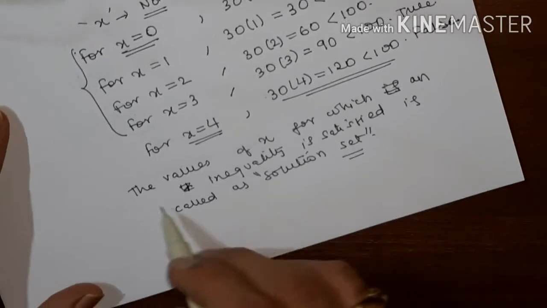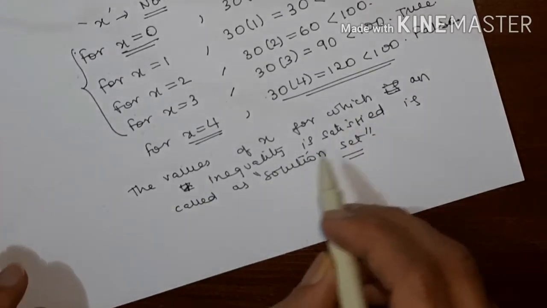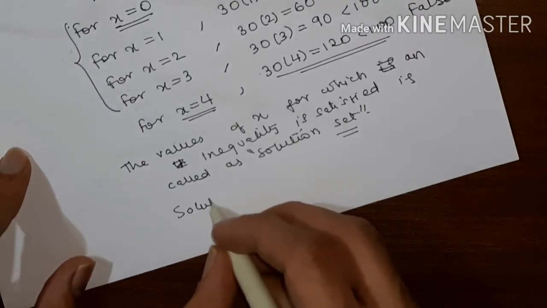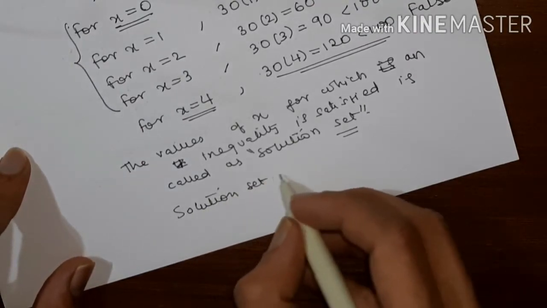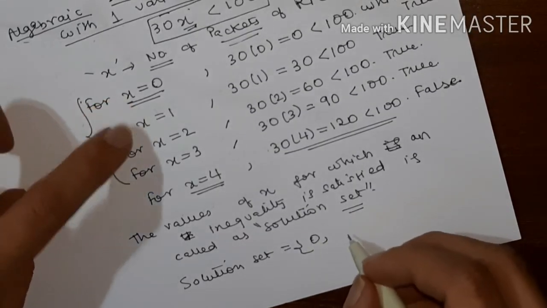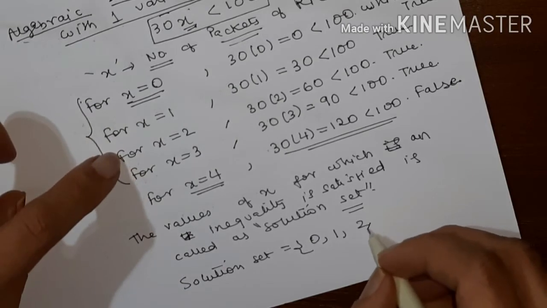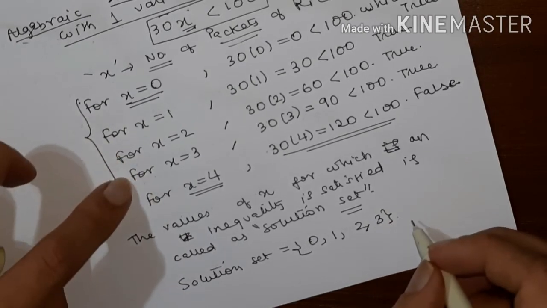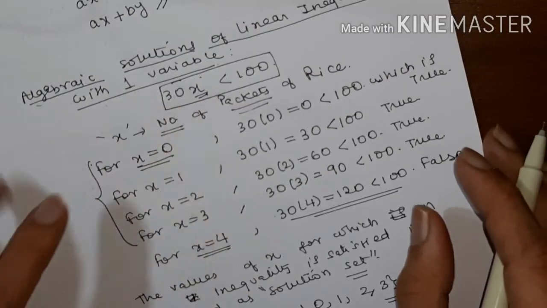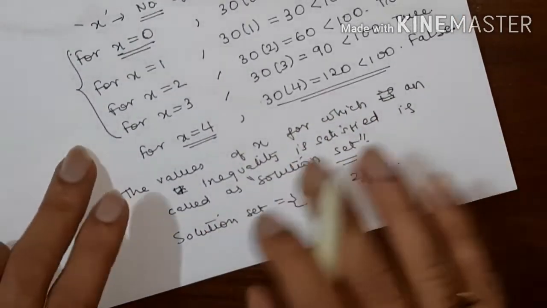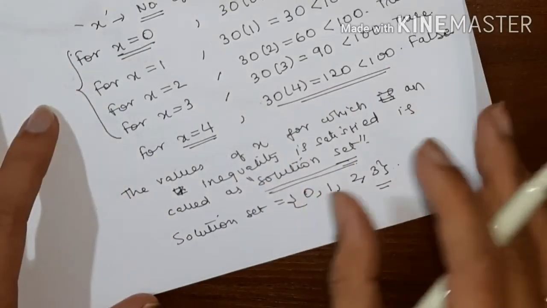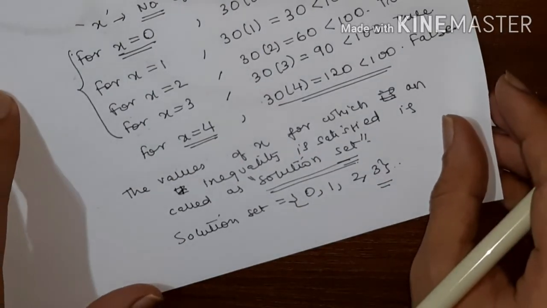And it is a set, so the values of x for which an inequality is satisfied is called the solution set. So what is the solution set for this example that you have taken here? The solution set is 0, then 1, then 2, then 3. So this will be the solution set for this example. Have you understood what is the solution set? This is important because we will use it in solving examples in the exercise.